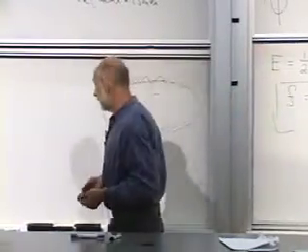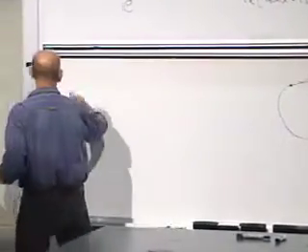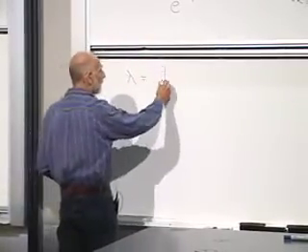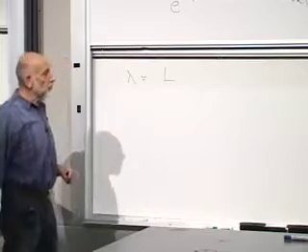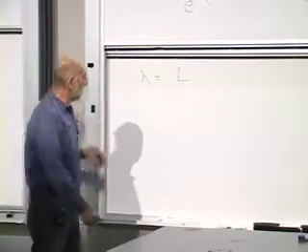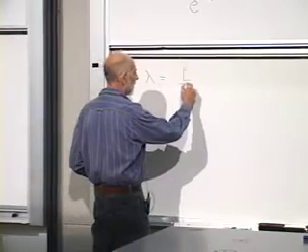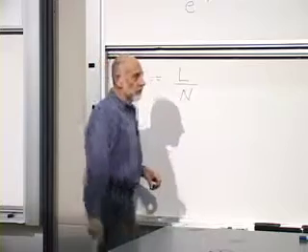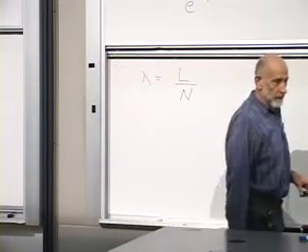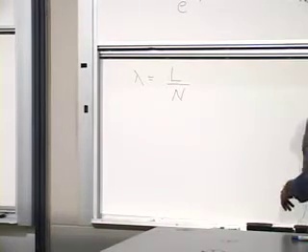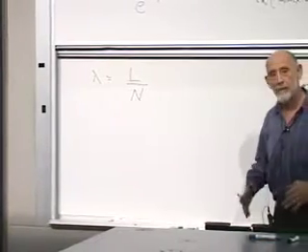So the wavelength must be the total distance around divided by some integer. I don't want to call the integer n. I'll call it capital N. Little n will be reserved for something else. So the wavelength is necessarily the total distance around divided by N.